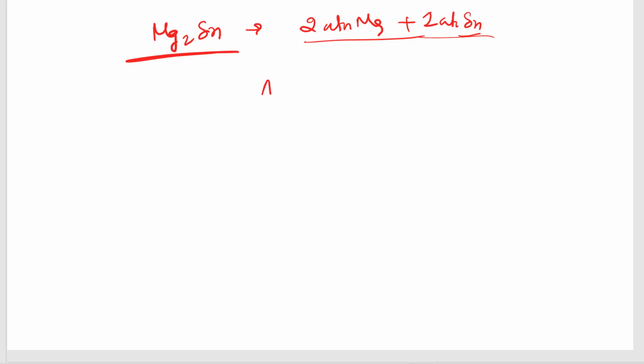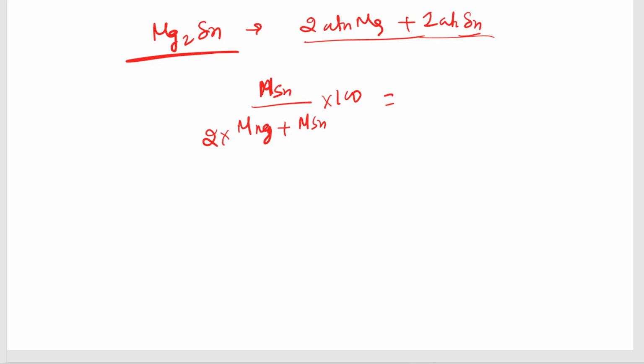So the atomic weight of Sn divided by the molecular weight of Mg2 plus the atomic weight of Sn, into 100. This is the weight percent we will get.